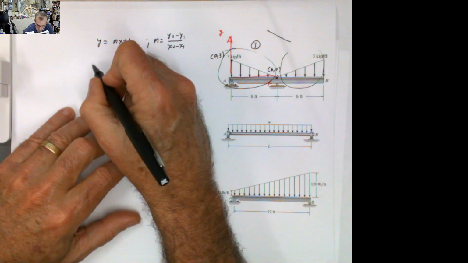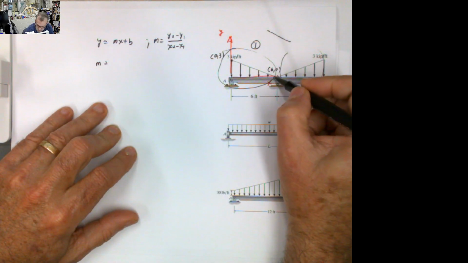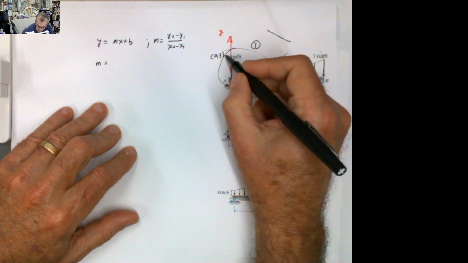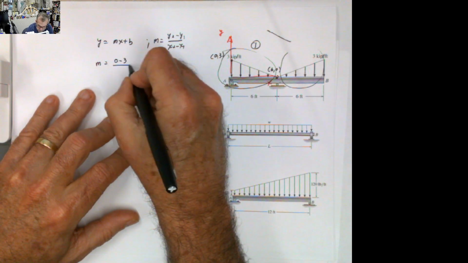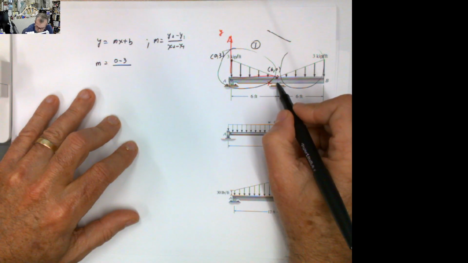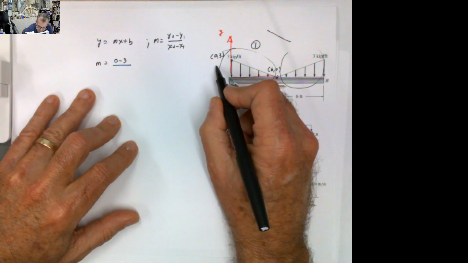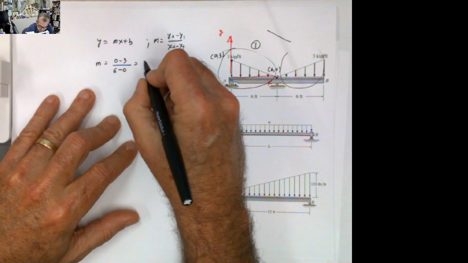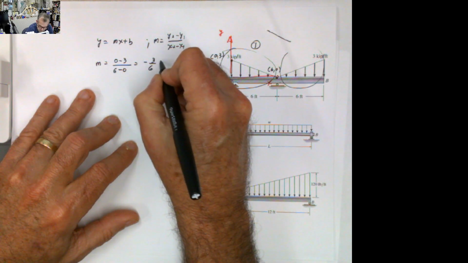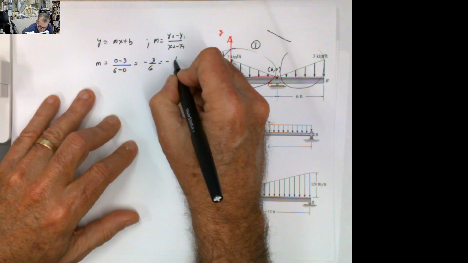So if you want to calculate the slope, it's just y2, which is 0, minus y1, which is 3, so 0 minus 3, divided by x2, which is 6, minus x1, which is 0. This is going to be negative 3 over 6, which is basically negative 1/2.